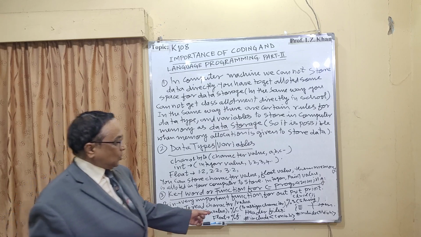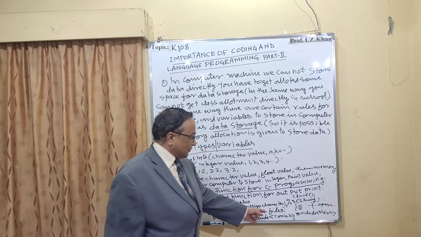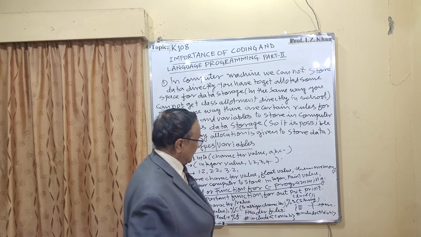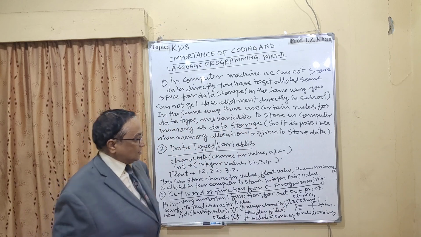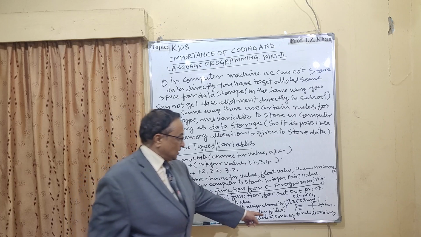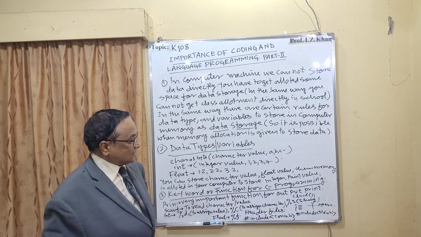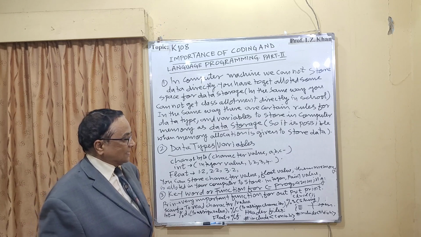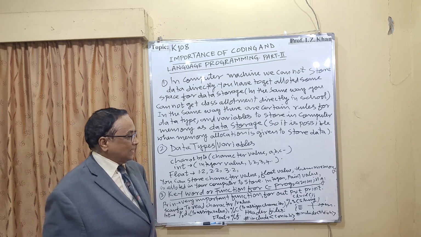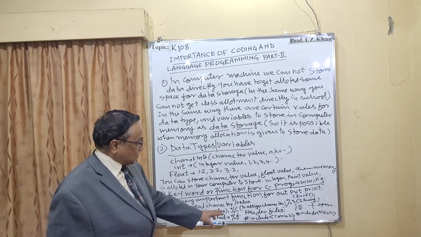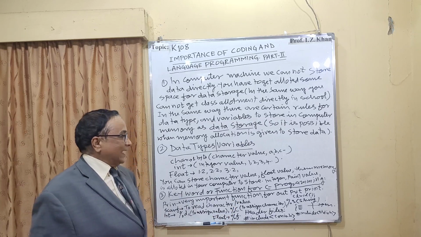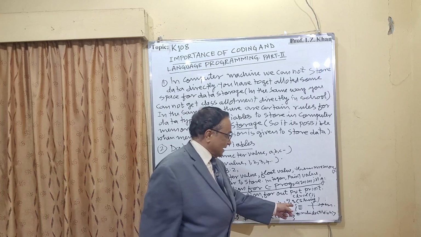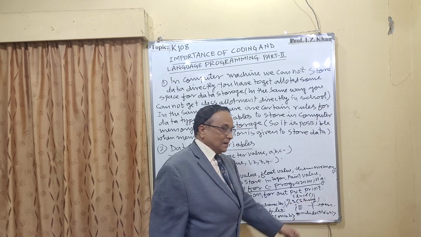Then go to the header, and in that header file you have to put hash include within angle brackets conio.h, and then the second one, hash include within brackets stdio.h. So you have to type this on the header. Then there are the curly brackets, one open and one closed.